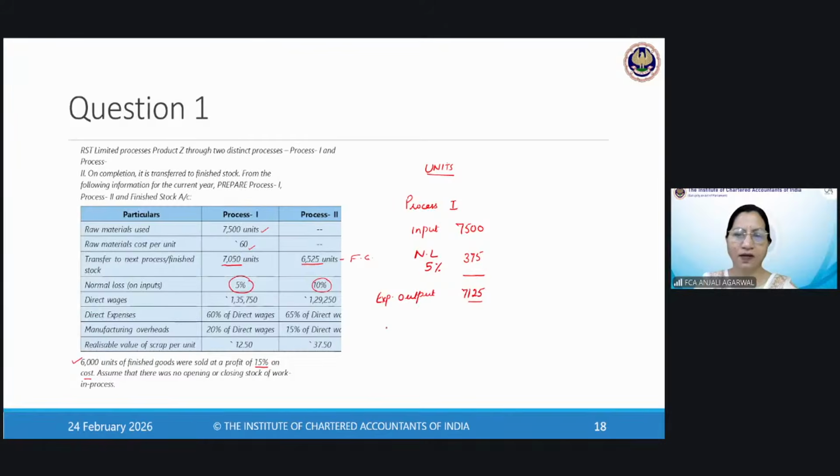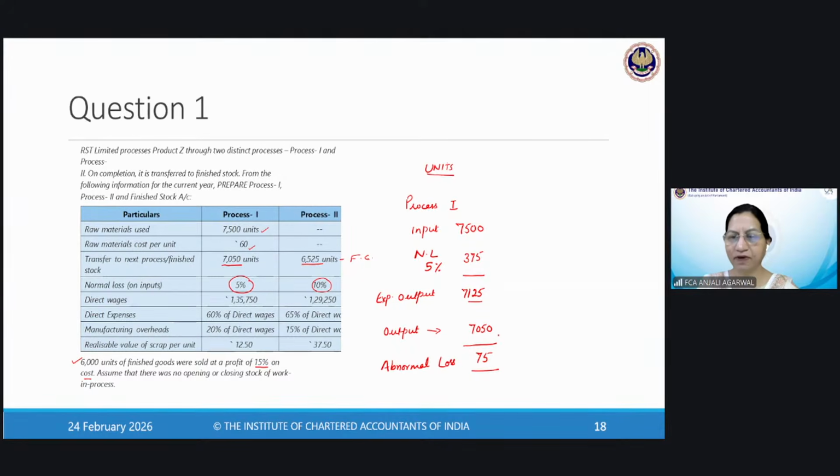However, the output moving to process 2 is 7,050. So the output is a little less than expected by how many units? 75 units. This 75 units becomes abnormal loss. We should be having 7,125 units, but we have only 7,050 units.